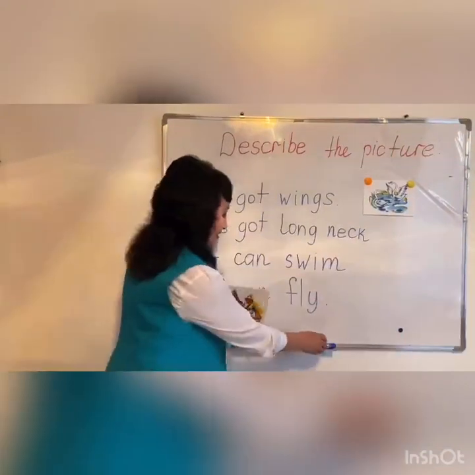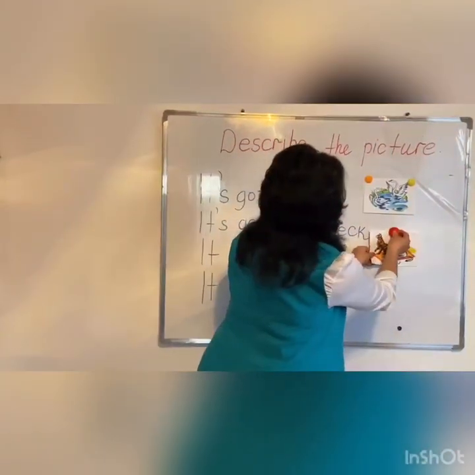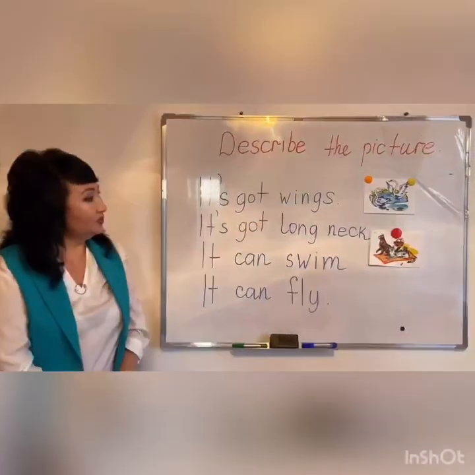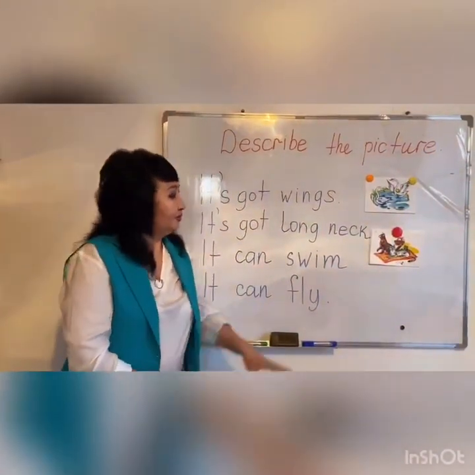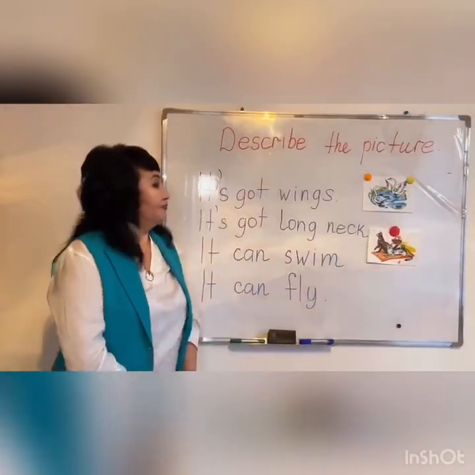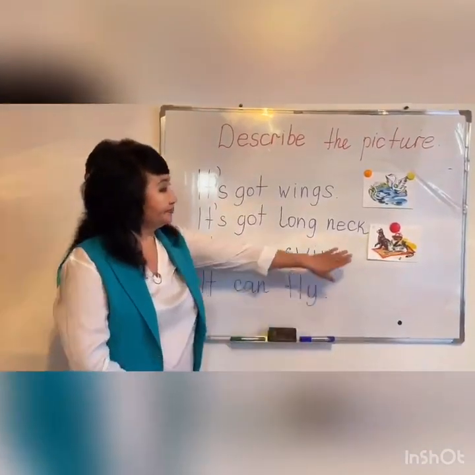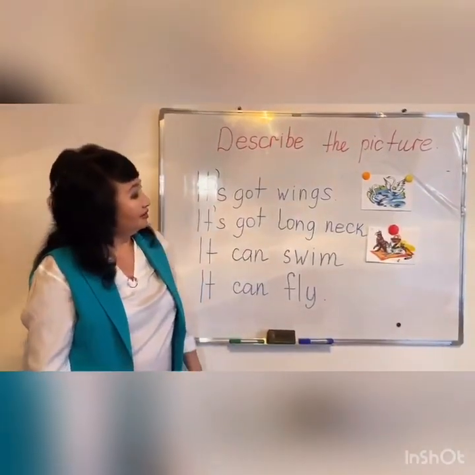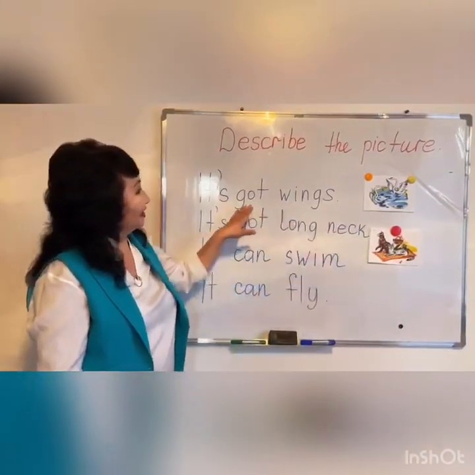And you suggest another picture, for example, a picture of a cat, and you ask children to describe this picture using this structure. For example, you ask, what is it? Has it got wings?